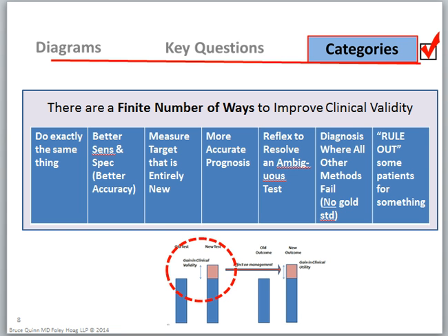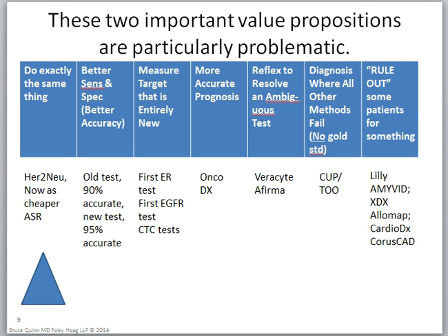Pathologists and laboratorians have been doing that for 100 years, and we'll see what that leads to. 6, we can provide a diagnosis where all other methods failed. But that raises the problem there's no gold standard, so what happens then? And finally, we may rule out patients for something. So we have a diagnostic test that actually rules out some other diagnostic test that we don't need to do. So we'll walk across these categories.